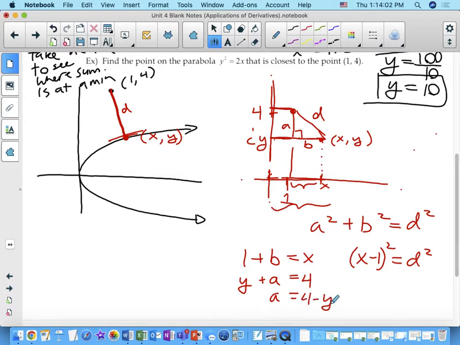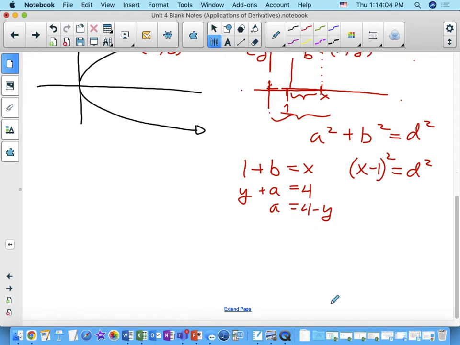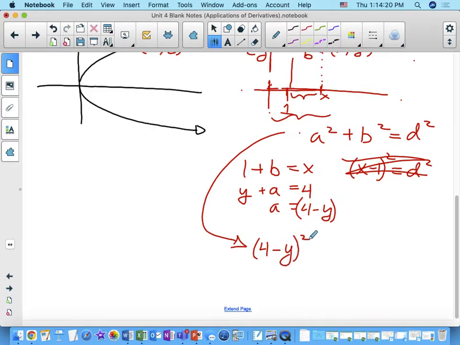Okay, so this all got a little crowded. But this piece, let me rewrite this down here, is going to become, if a is 4 minus y, then instead of a squared, I'm going to have 4 minus y squared. Instead of b squared, I'm going to have 4 minus x squared.